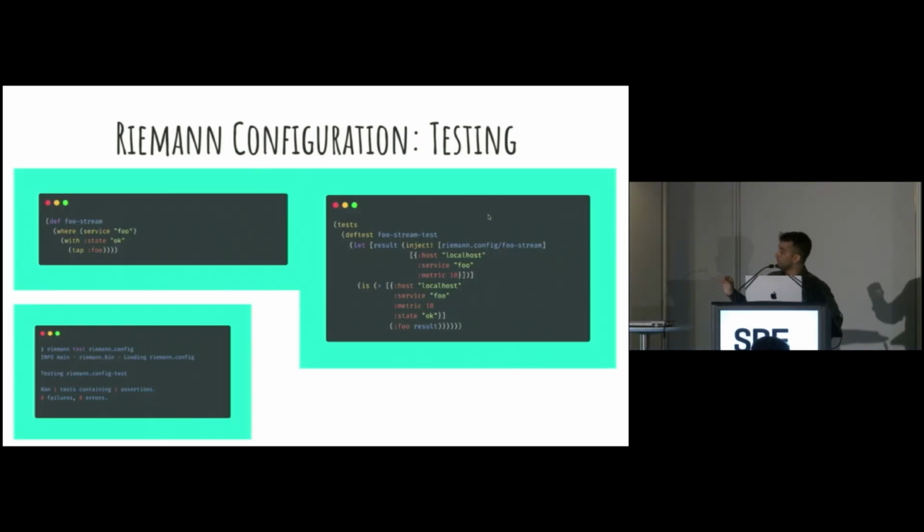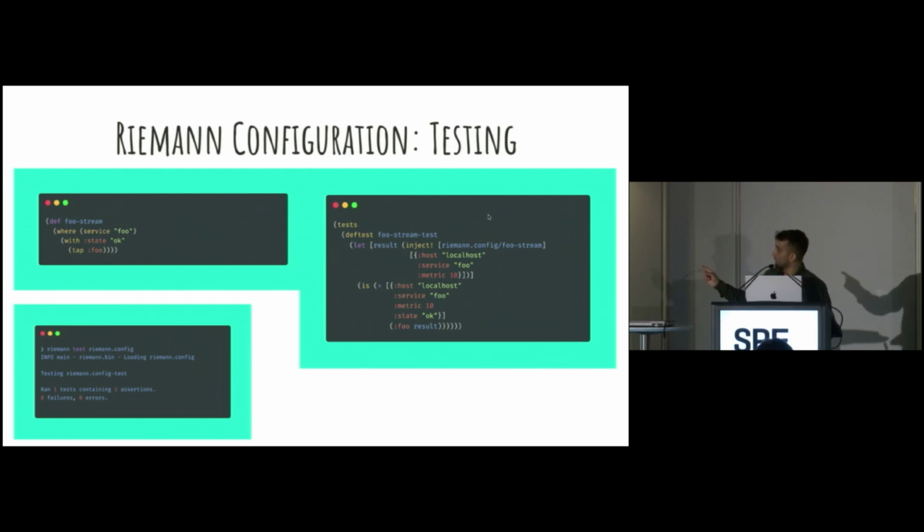On the left side, you can see we are defining a foo stream where we are doing some filtering using the where clause. And then with the with clause, we are appending state as OK. And then we are tapping that stream. That means now you can test this stream.